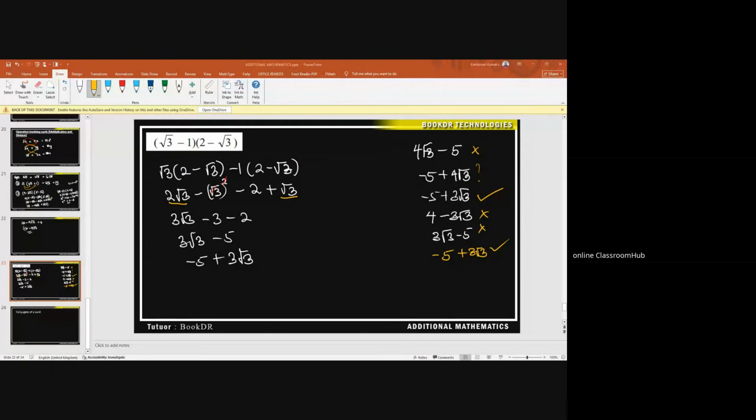Let's look at another one. This time around, I want all of you to have it correctly. So I'll put that one too on the next page.